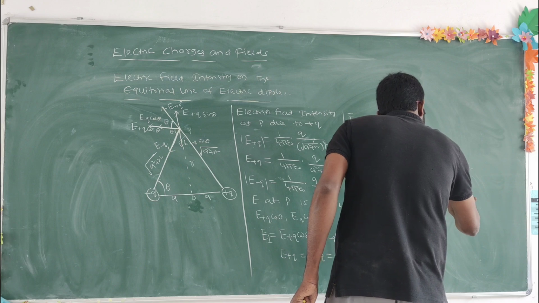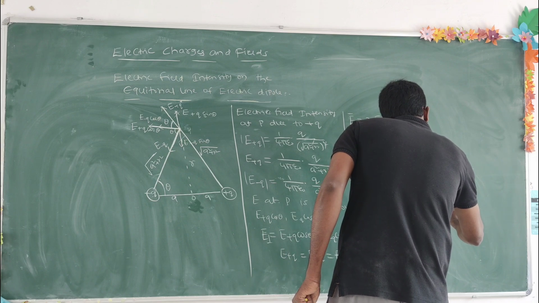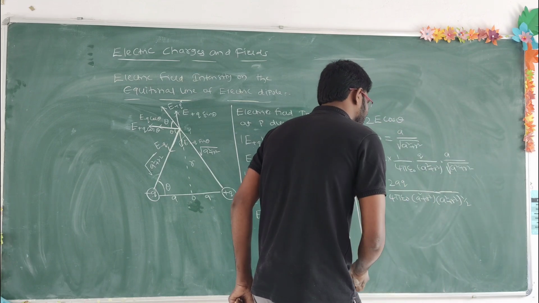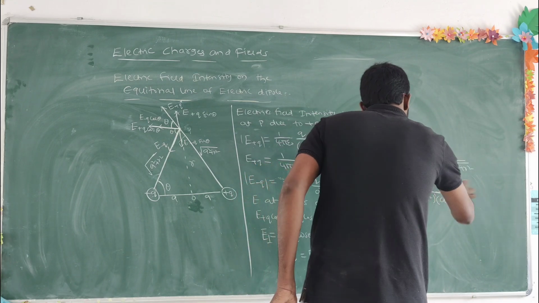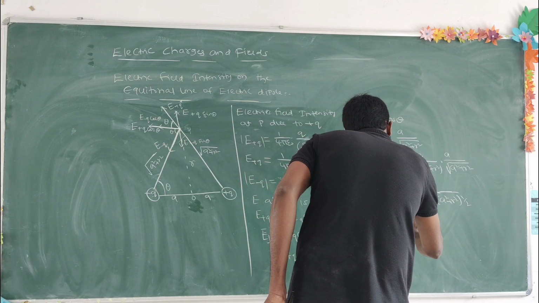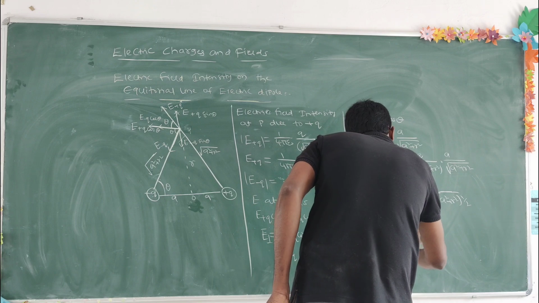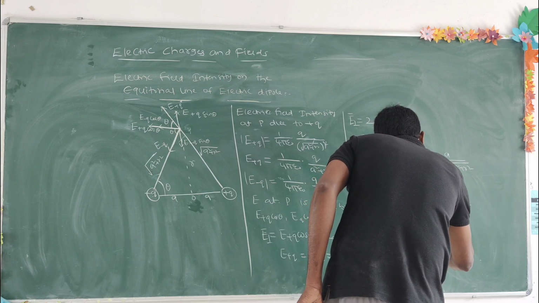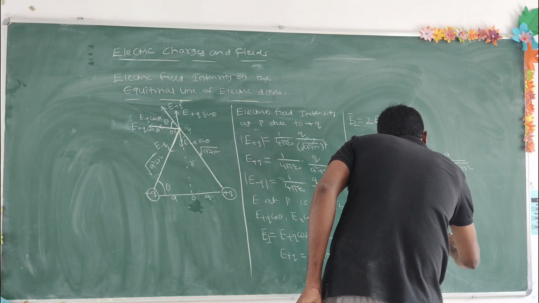I am writing the root as a square plus r square to the power 1 by 2. Here it is to the power 1, and 1 plus 1 by 2 becomes 3 by 2. Next step, we can write 2a cube by 4 pi epsilon naught into a square plus r square to the power 3 by 2.